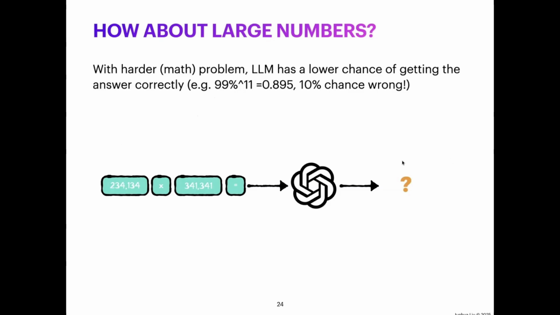If let's say for every next token the probability of being correct is 99%, and we guess 11 times at 99% accuracy, we will get about 89.5% probability of getting everything correct. Given that, we will have over a 10% chance of getting it wrong, as compared to using a calculator, right? A calculator will almost always get it correct.